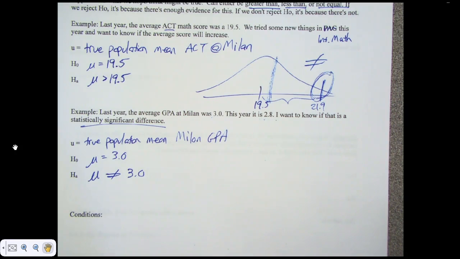Because you're going to get random change year to year in GPA just by chance, right? So this year might be 3, next year might be 2.9, next year might be 3.1, just because of the way things work. So in order for it to be statistically significantly less, it has to be beyond just normal fluctuation, and that's where we're at.